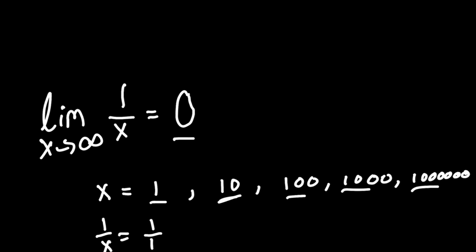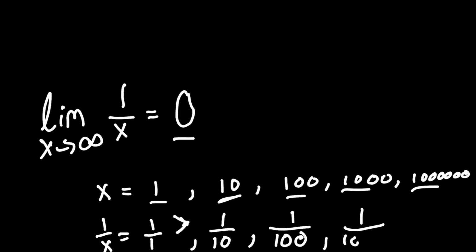Now if I plug in 10, we're going to get that 1 over x is 1/10. This is definitely smaller than 1 over 1. If I plug in 100, we're going to get 1 over 100. And then 1,000 is going to give us 1 over 1,000, and then 1,000,000 is going to give us 1 over 1,000,000.